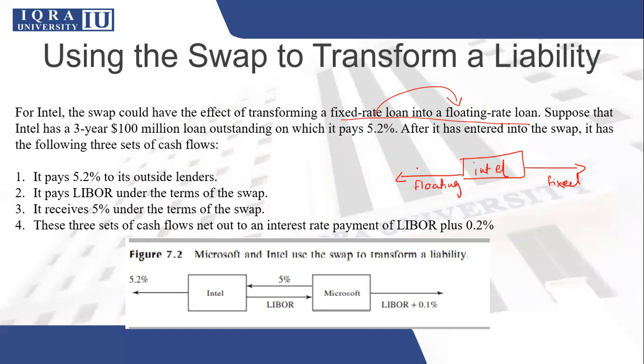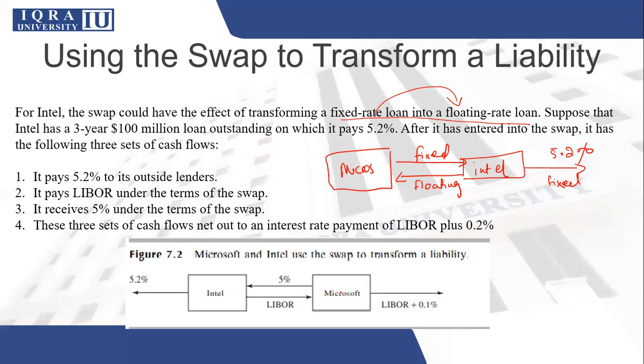That means in the swap agreement, it will be the fixed rate receiver. Okay, and let's just keep the same terminology. So I'll just write Microsoft over here. Suppose that Intel has a 3-year, 100 million loan outstanding on which it pays 5.2%. So it is paying 5.2% to the outside lenders.